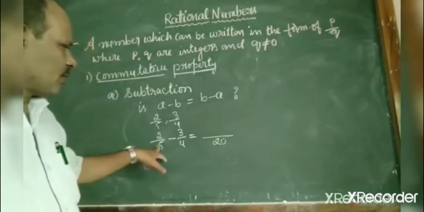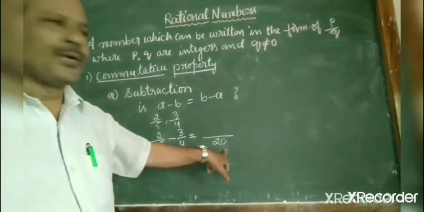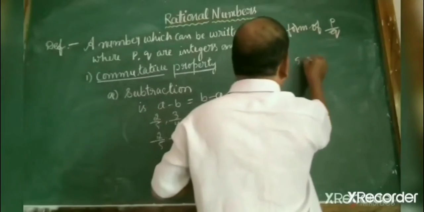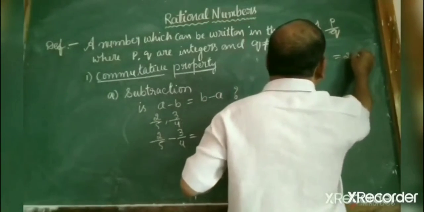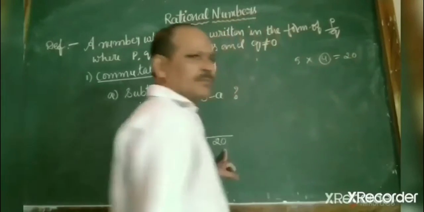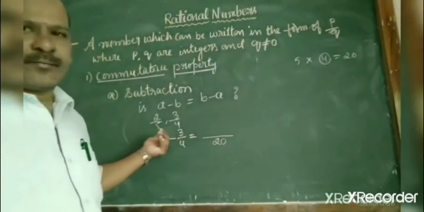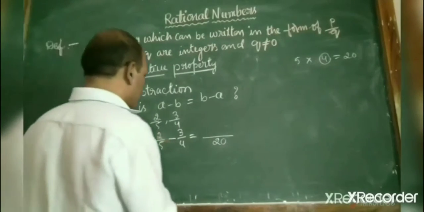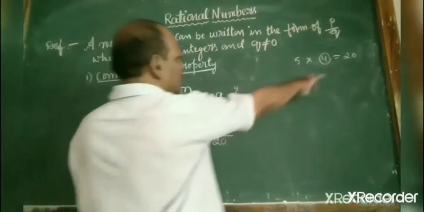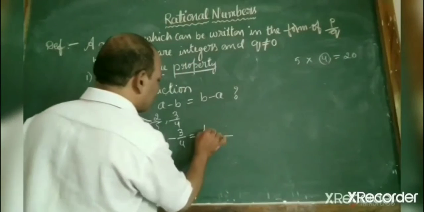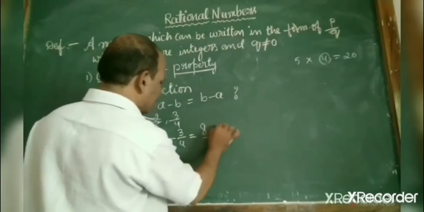Now check, 5 goes how many times in 20? 5 fours are 20, so 4 times is the multiplier for the numerator. 4 into 2 is 8, minus.